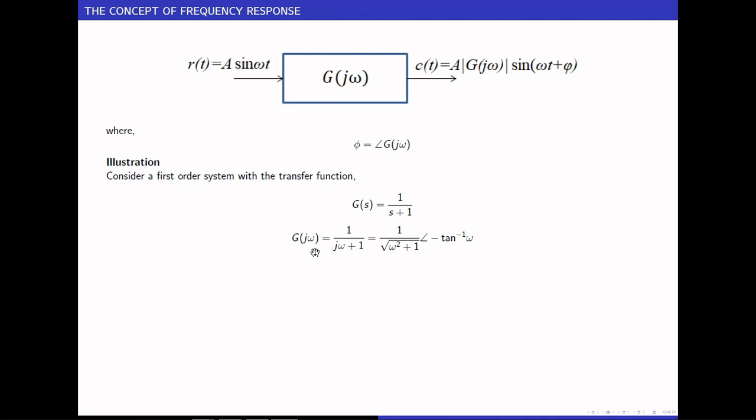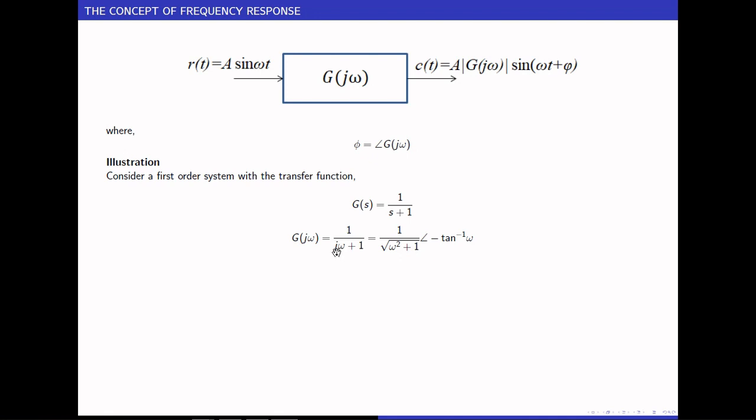So this will ultimately get reduced to a complex number. Therefore, another important point you should understand is g of j omega is always a complex number. Please note that any complex number will have a real part and imaginary part if represented in rectangular form, or it can be represented in polar form also.